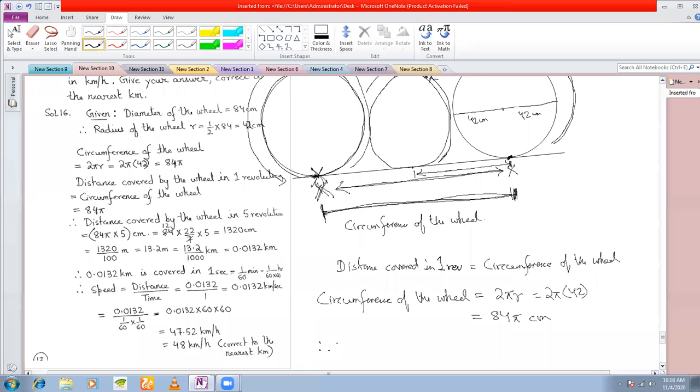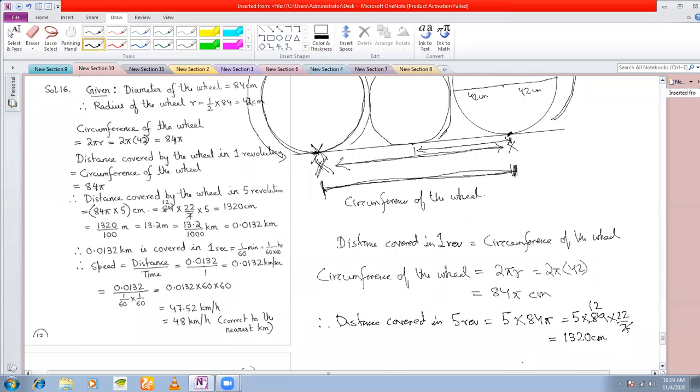So the distance covered in 5 revolutions is 5 into 84 pi. You can put the value of pi here, since 84 is a multiple of 7. So this comes out to be 1320 centimeters.